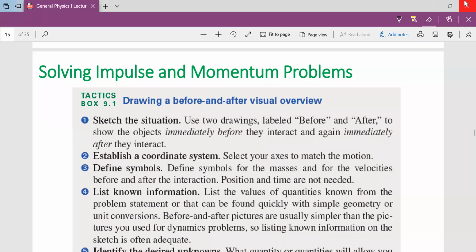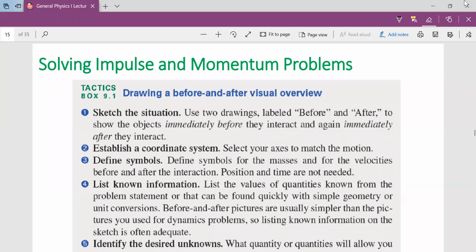Okay, so we'll begin today with solving impulse and momentum problems. Now we are used to seeing tactics or approaches or strategies to solving problems. And we discussed a lot in previous classes, when we treated the free body diagram and how we applied Newton's laws to solving problems.